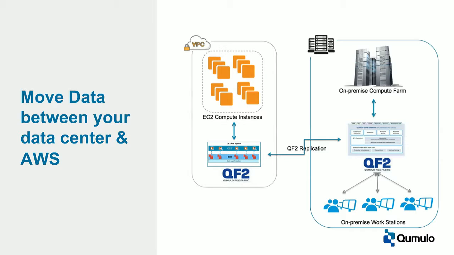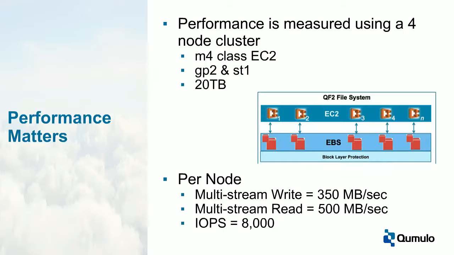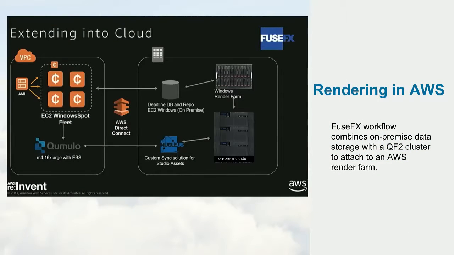So a more general look at that, now if we go back to the FuseFX example, they had Nucleus, which was managing the flow of data between their on-premise cluster and their Qumulo cluster inside of AWS. Many of our customers are using Qumulo's continuous replication to do the same thing.